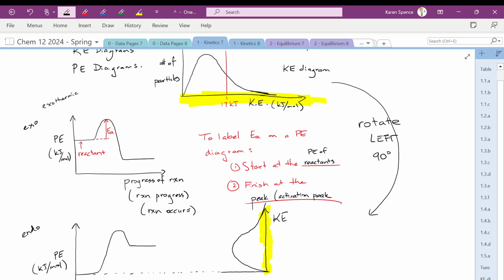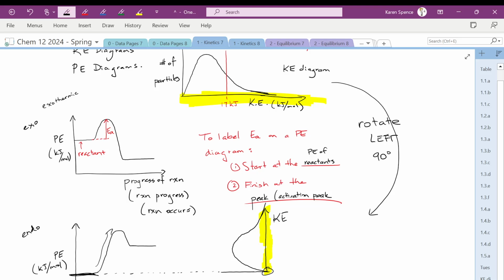Now, if the particles have no kinetic energy at all, can they even start going up the potential energy hill? If the particles have no kinetic energy, can they start to approach each other? No, because they're still. Okay? Which corresponds to the fact that at this energy here, they have not made it up the hill. Yes?